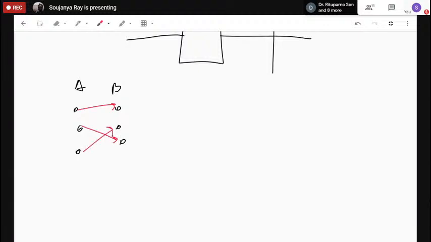And 2-to-1 is where two things can go to one. So this is 2-to-1 mapping.